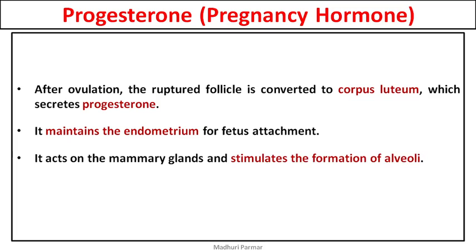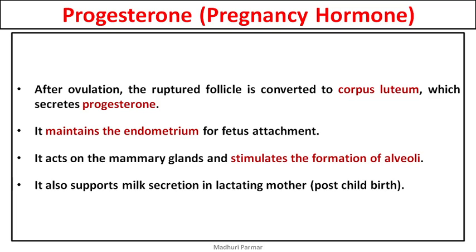Okay, it acts on the mammary glands and stimulates the formation of alveoli. हमने मेमोरी ग्लैंड्स में alveoli देखे थे. Just like in your lungs you have alveoli-like structures in mammary glands as well. तो वो alveoli में growth है और उसका formation है, वो stimulate करते हैं.